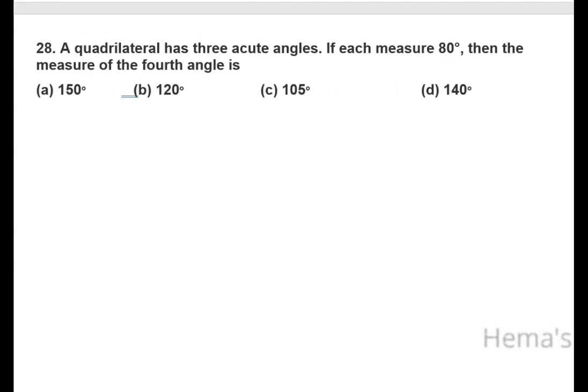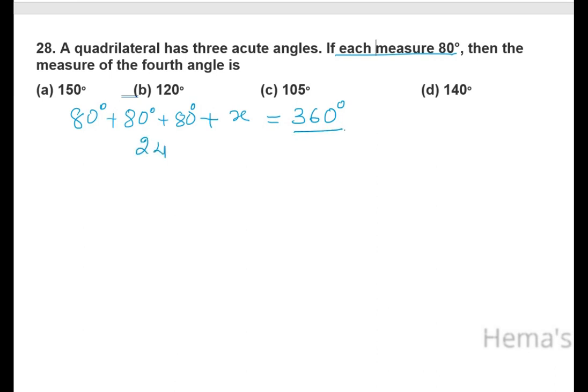A quadrilateral has three acute angles. If each measures 80 degrees, then the measure of the fourth angle is... Let the measure of the fourth angle be x, and given is that the three acute angles measure equal to 80 degrees. Then 80 degrees plus 80 degrees plus 80 degrees plus x is equal to 360 degrees, because we know that the sum of all the interior angles of a quadrilateral is equal to 360 degrees.